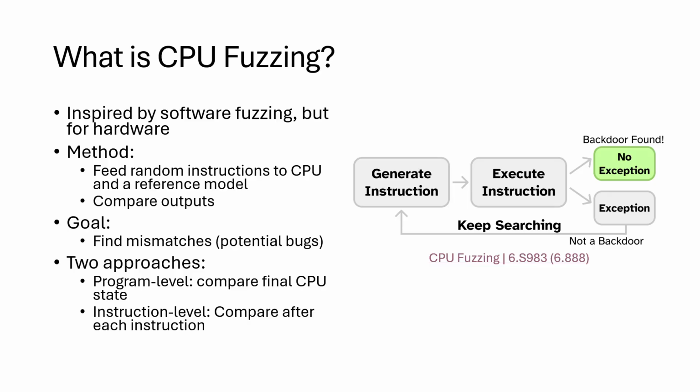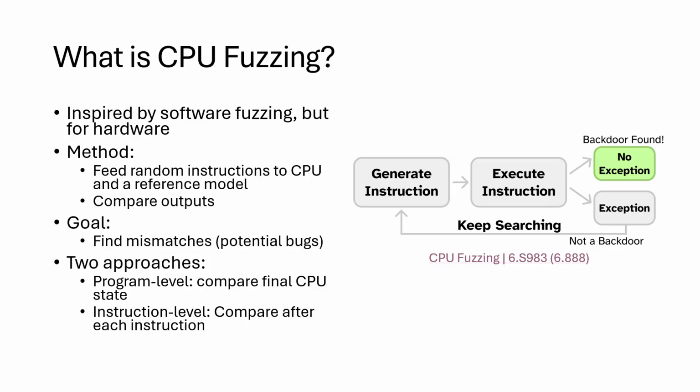CPU fuzzing is very similar, but instead of the program, we are now testing a CPU, the hardware itself. The typical approach is differential testing, where you have two separate models. You have a golden reference model, typically a simulator, which we trust to be 100% correct.